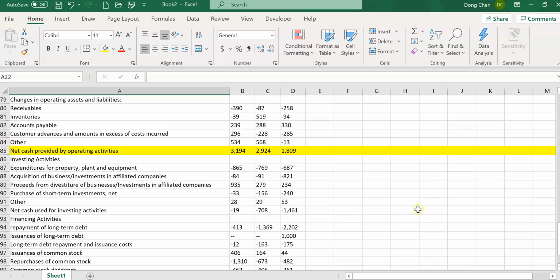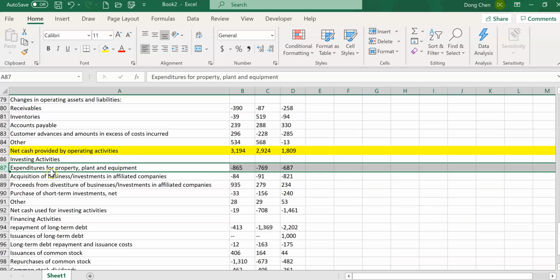Basically, that's these expenditures for property, plant, and equipment. So that's basically my capital expenditure. Because this is already in negative format, we don't have to subtract. We just need to add, right? Because the signs are already taken care of.